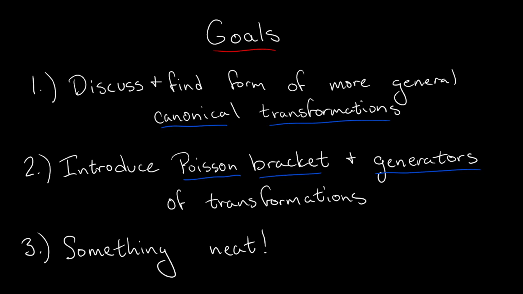By looking at these canonical transformations, this will lead us specifically to this idea of generators of transformations, which is actually a very important concept in many branches of physics, but it ends up playing a really big role in, for example, group theory. And we'll see that in order to express these generators and these transformations, this idea of a Poisson bracket is very, very useful.